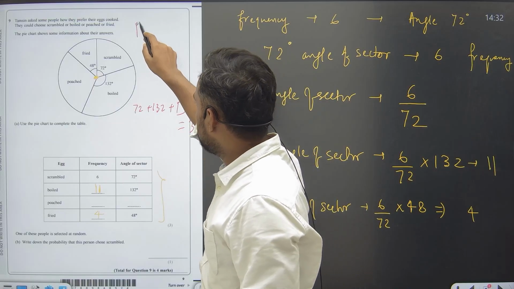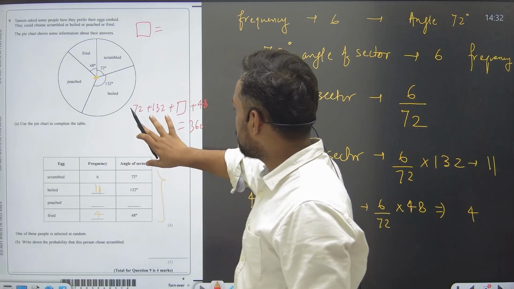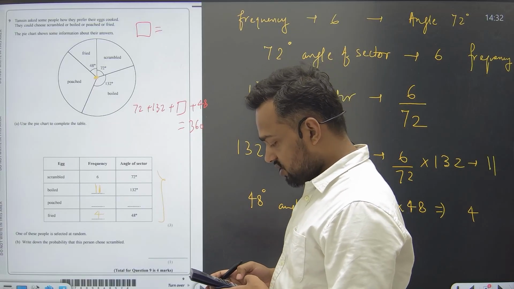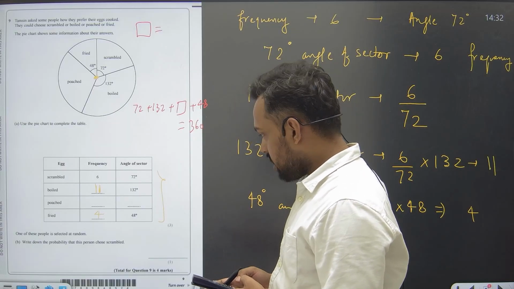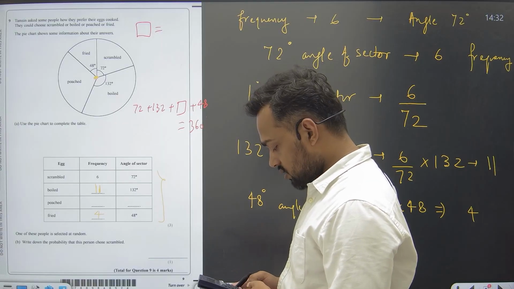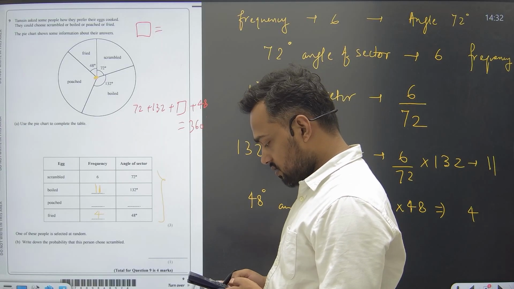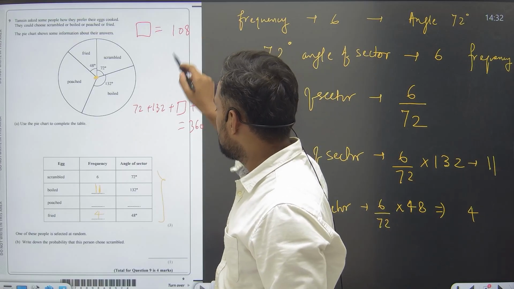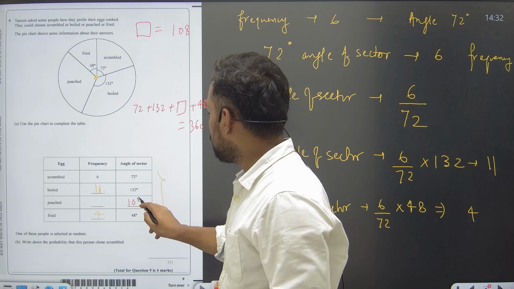If I calculate the unknown value, we transpose each value to the right hand side, so it will be 360 minus 72 minus 132 minus 48. So we are getting 108. So here the angle will be 108 degrees.